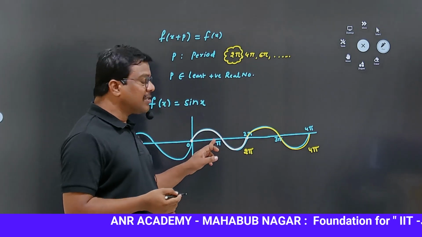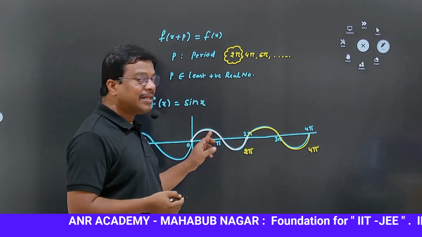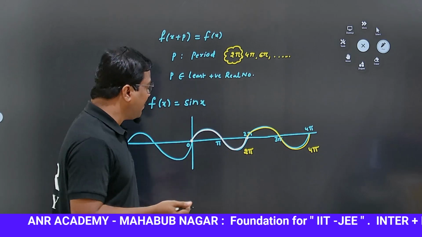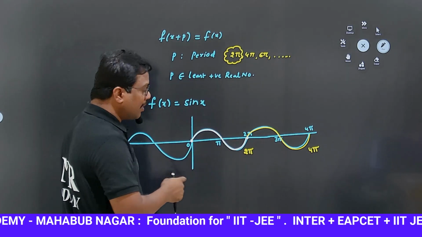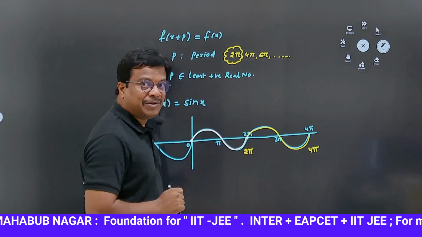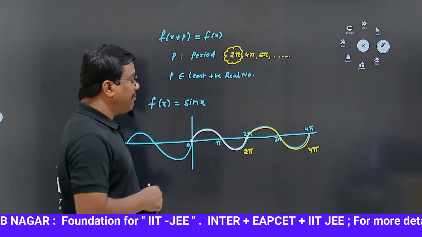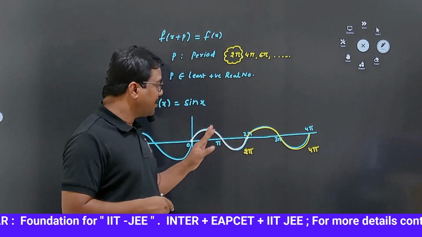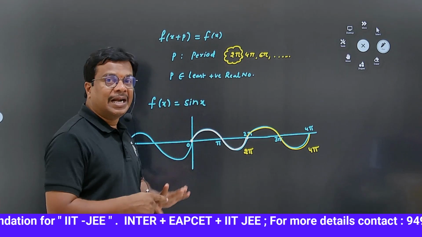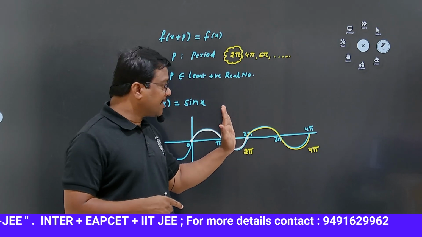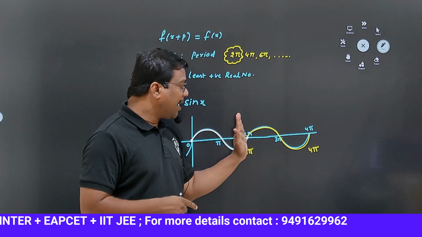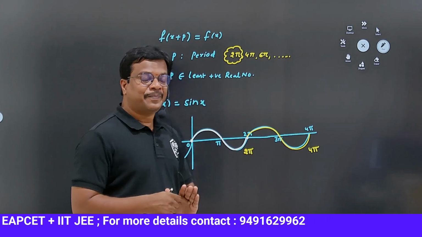Here f of x also repeats at pi, but that is not a period of the function. Why? Because from 0 to pi the functional value is positive, from pi to 2 pi the functional value is negative. The graph repeats in regular intervals, nothing but 0 to 2 pi, whatever graph you have, the same graph repeats again from 2 pi to 4 pi.